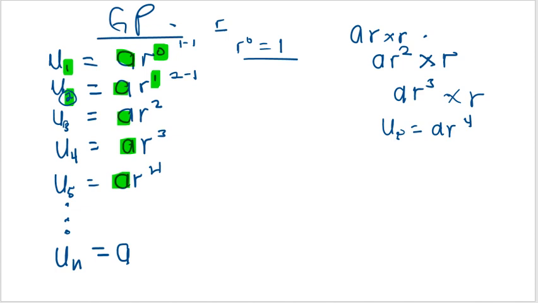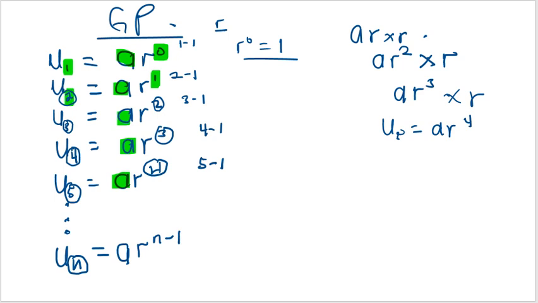Where we have 3 here, we are getting 2 here, meaning 3 minus 1. Where we have 4 here, we have 3 here, meaning 4 minus 1. Where we have 5 here, we have 4 here, meaning 5 minus 1. Therefore, where we have n here, we must also get r to the power n minus 1.